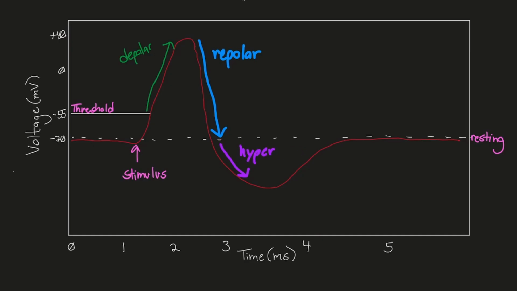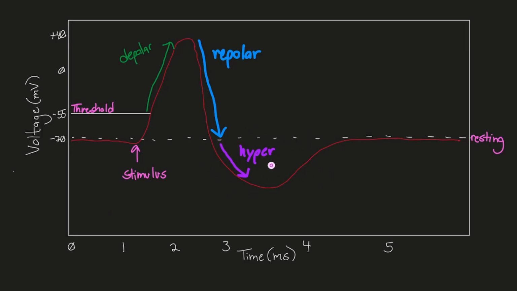Now, what these mean: we can first look at what depolarization is. It's making the voltage in the membrane become more positive, while repolarization is the voltage in the membrane becoming more negative, or closer back to resting potential, as we can see from looking at the y-axis.